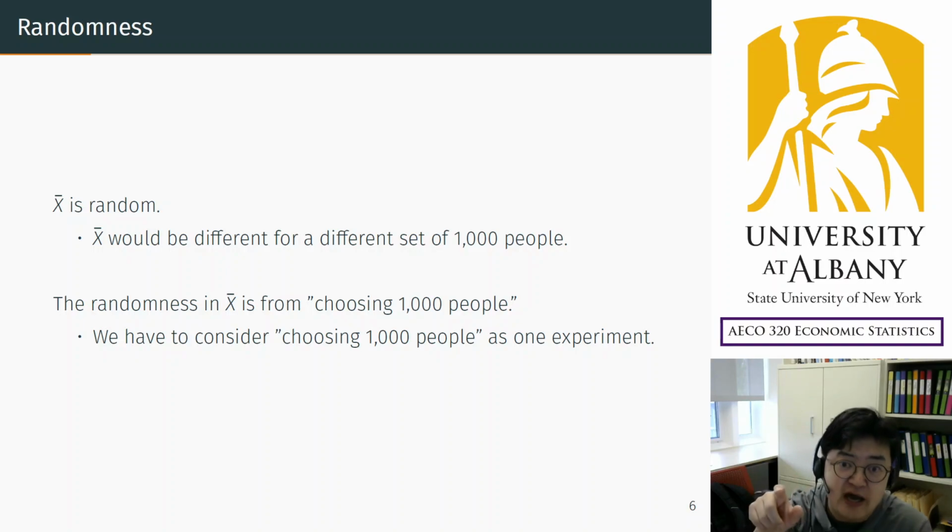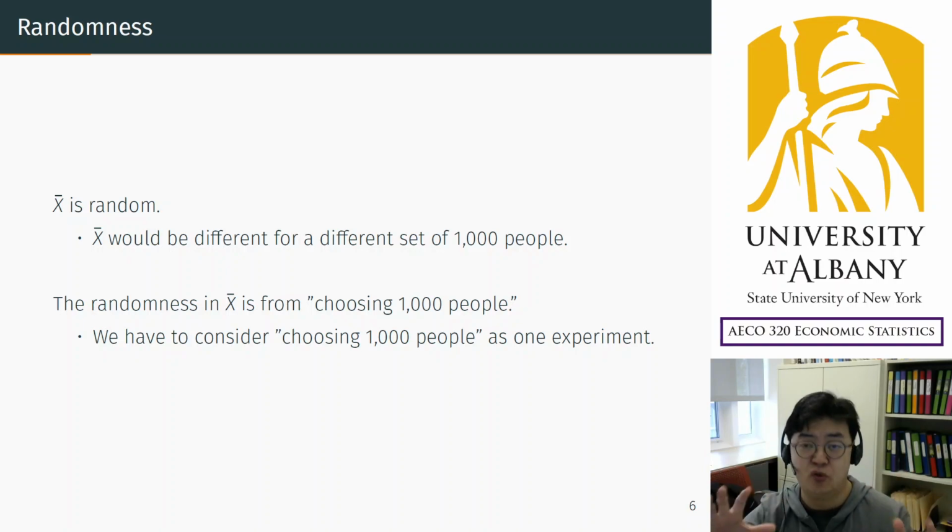You cannot observe that, but mathematically you can imagine it. Theoretically, there exists a true mean, and your sample mean is an estimator for the true mean, using only 1,000 people instead of everyone, like every adult in the world.